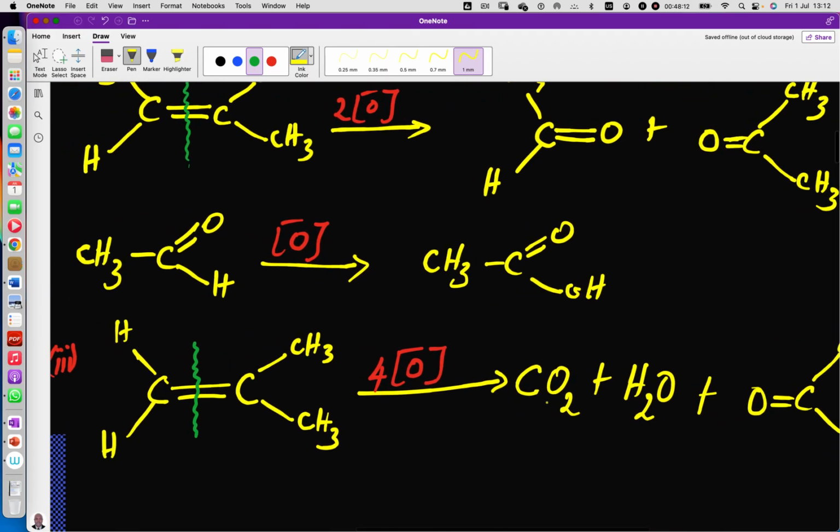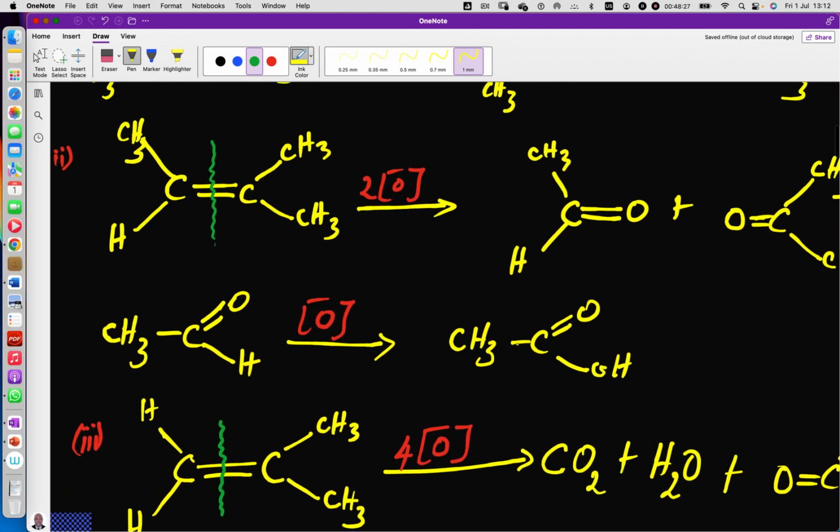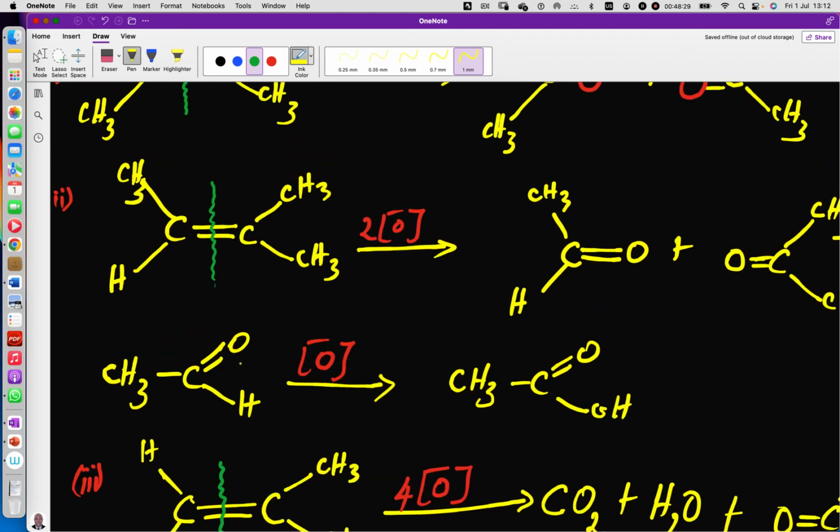So the condition here is that when one end has only hydrogen and carbon, that end is converted to carbon dioxide and water. Where there is an aldehyde group, it is converted to carboxylic acids.